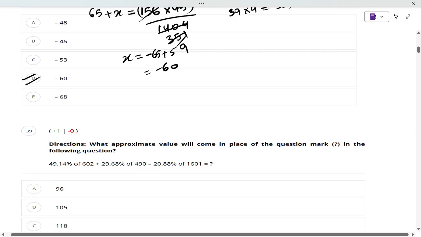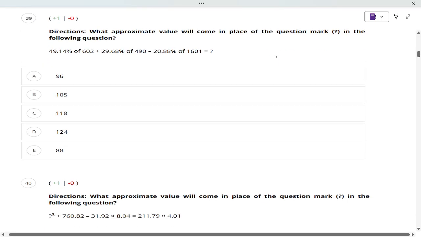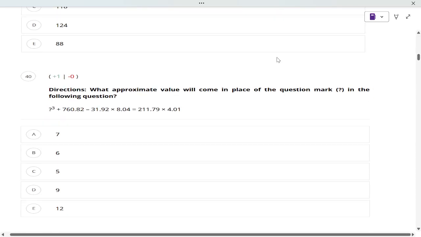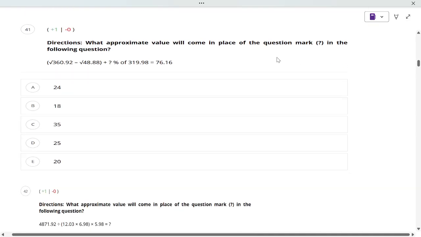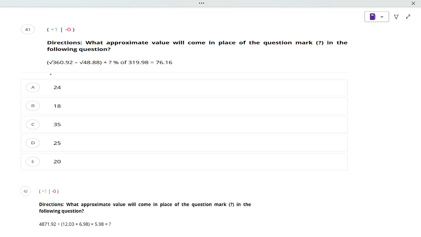You can try the rest of the questions. This is question number 39. You can try it. This is question number 40. You can try it again. We have 41 here. So this is 360.9. So you can take 361, and then here you can take 49. Here you can take 320. Here 76 only. Why? Because 0.1, so 1 is lesser than 5.